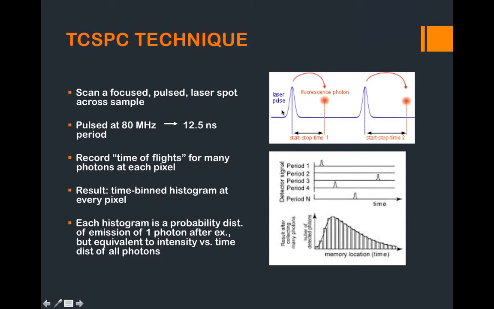And this gives us different time frames. If we hold that spot there and we continue to collect these different time frames, we can create a histogram at that spot that we can then mathematically fit in order to measure the lifetime at that particular spot.